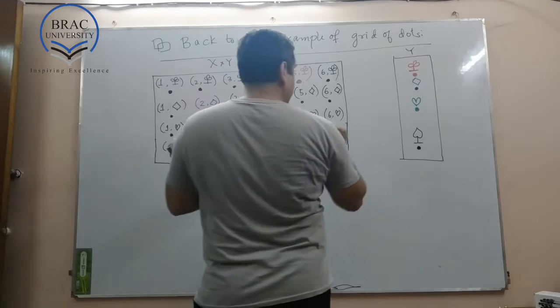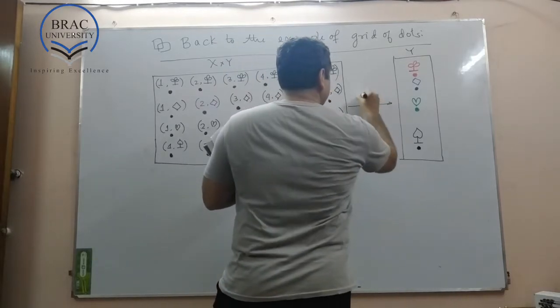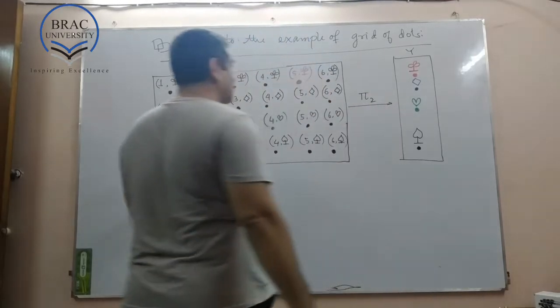And this map is pi 2, the projection onto the second factor.